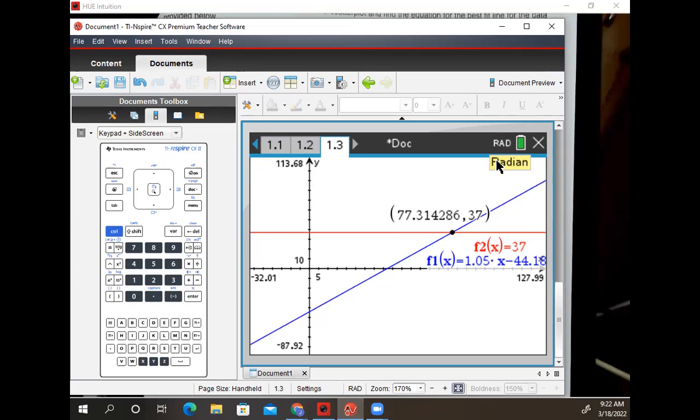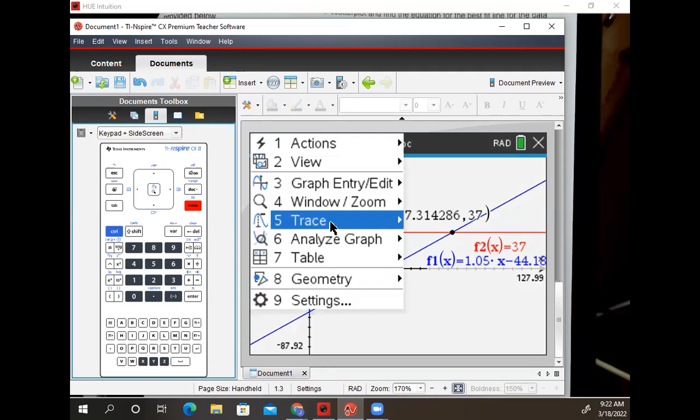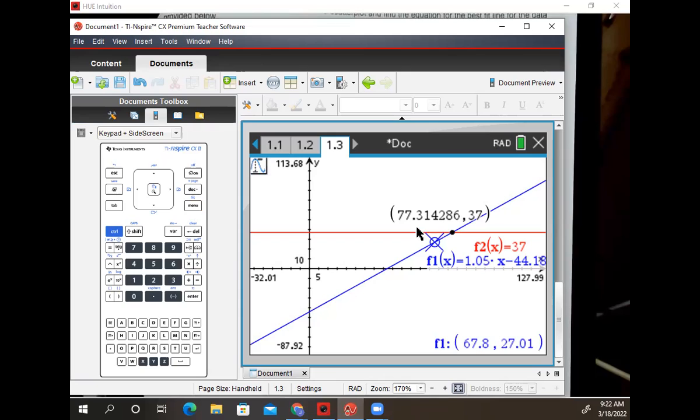And then our last question here says, what does the model predict as the number of chirps heard at room temperature for 64 degrees? So I'm going to go ahead and do this one on my calculator. I know the temperature is 64 degrees, so I'm going to do a graph trace. So menu, trace, graph trace, 64.